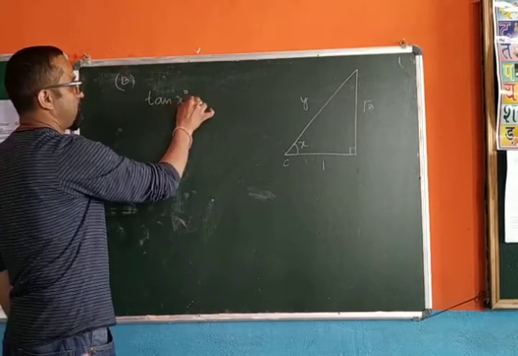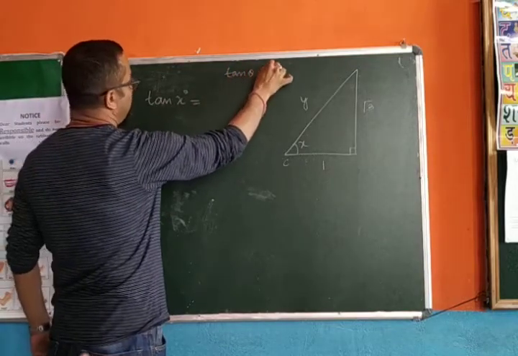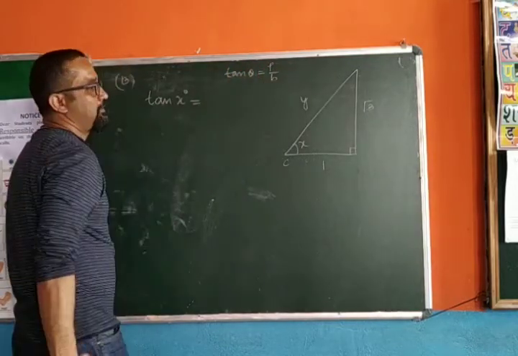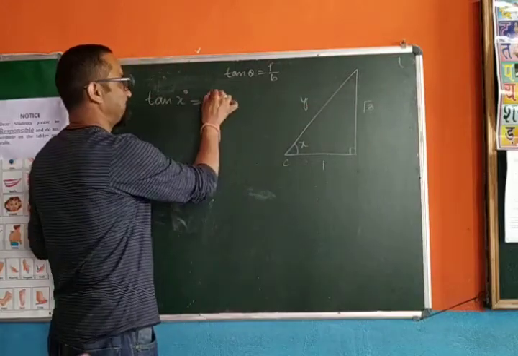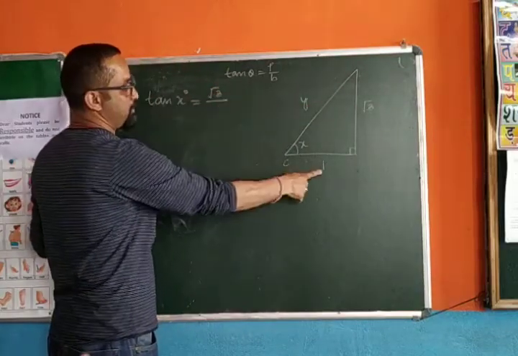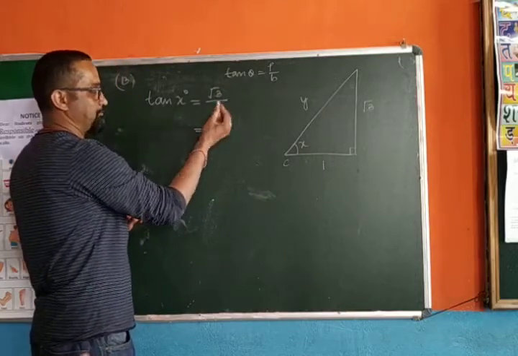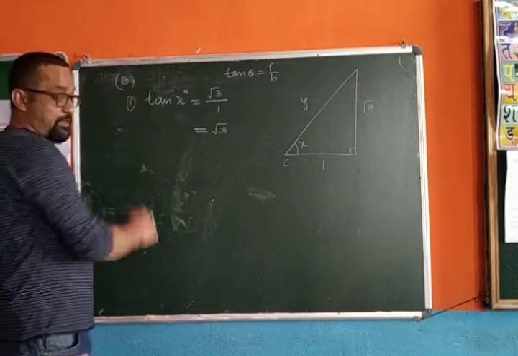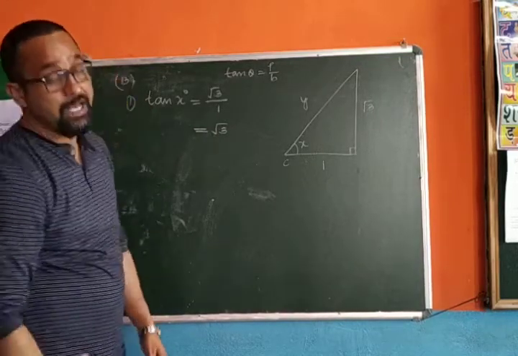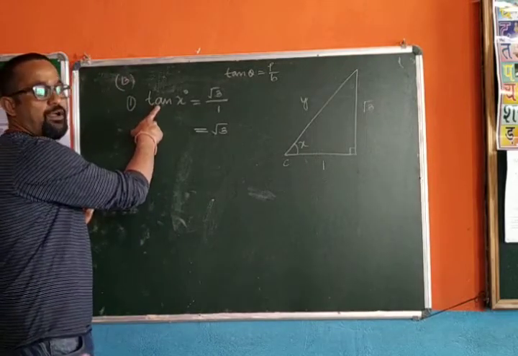Tan x, and we know tan is the ratio of perpendicular to base. So look at perpendicular here, root 3, and base is 1. So value of tan x is root 3. Simple. First answer. Second one, question says that find x. So we use the same answer.